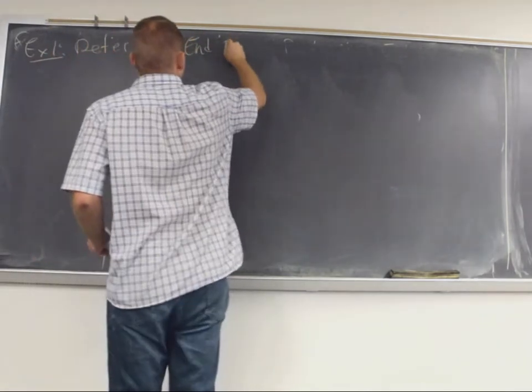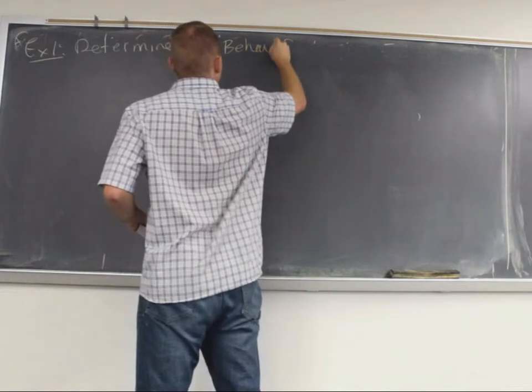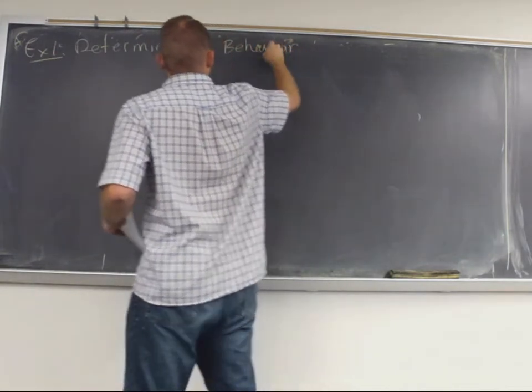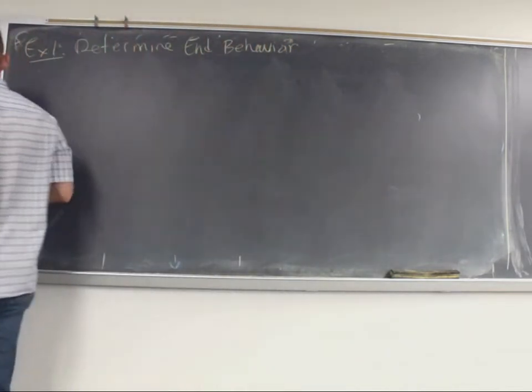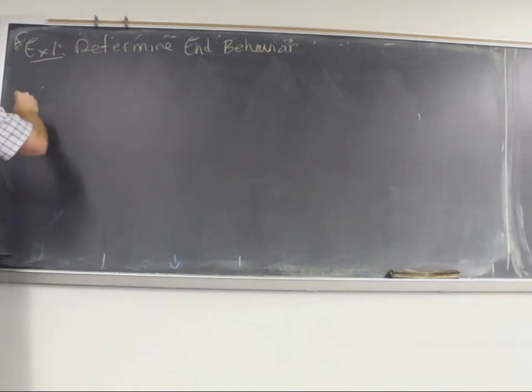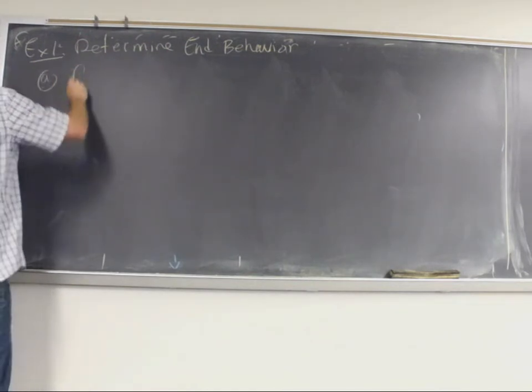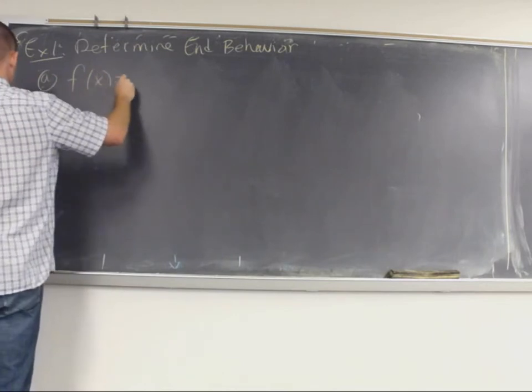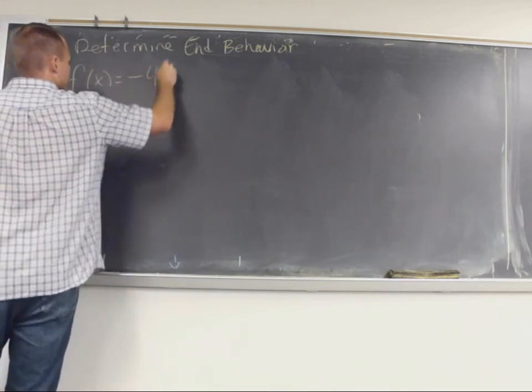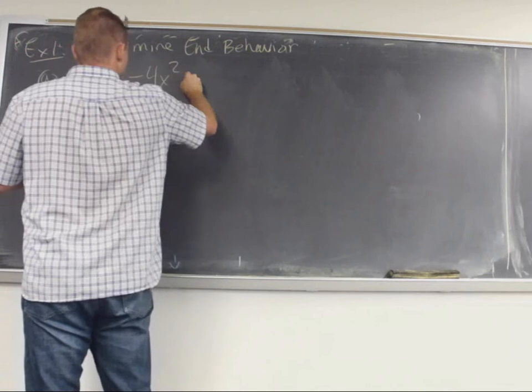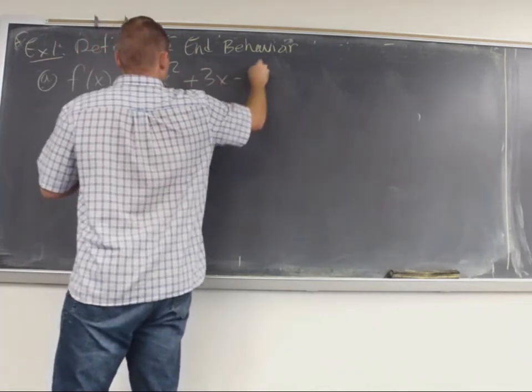I'm just going to write determine end behavior. And here's part A. f of x equals negative 4x squared plus 3x minus 9.